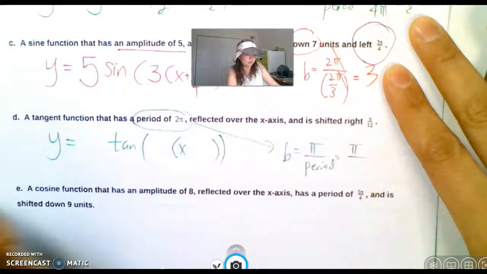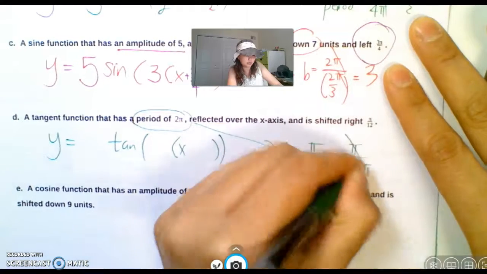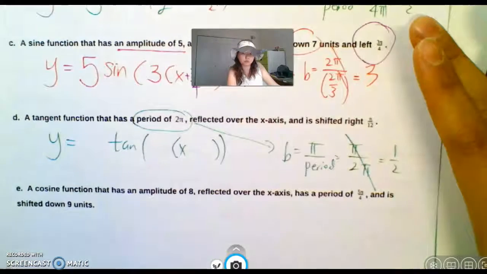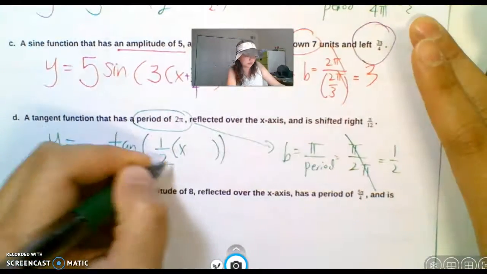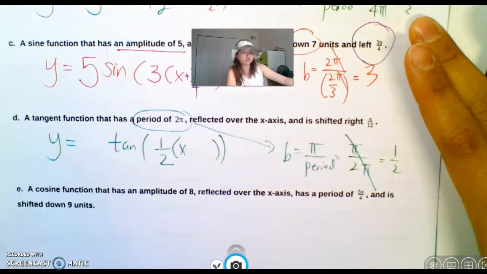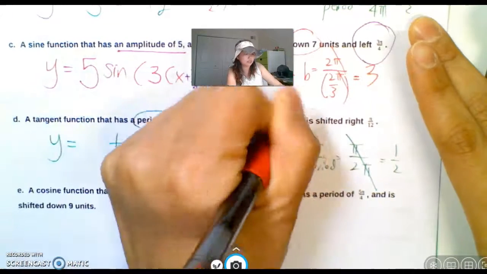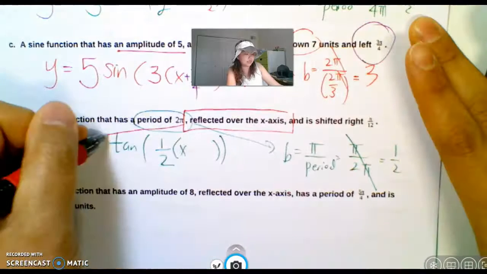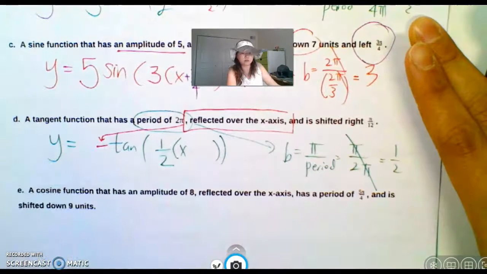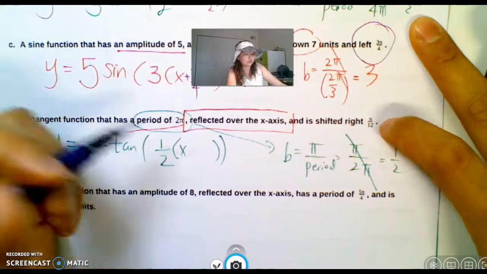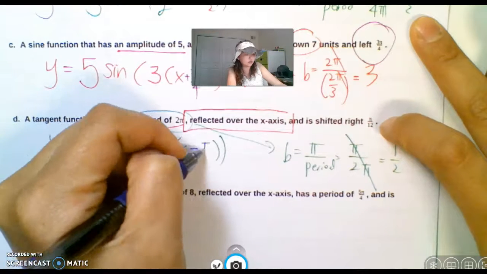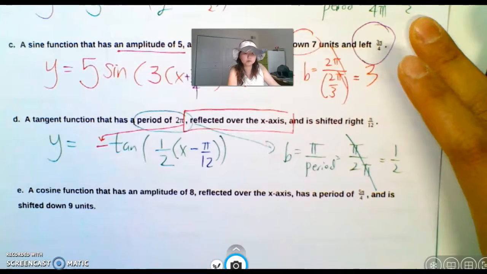It'll be pi divided by 2 pi. The pi's cancel out, so it becomes 1/2. The 1/2 goes right here. Ooh, something new. Reflected over the x-axis. Meanies. You need a negative sign right there. Then shift it to the right, so subtract pi over 12. No up and down, so that's it.